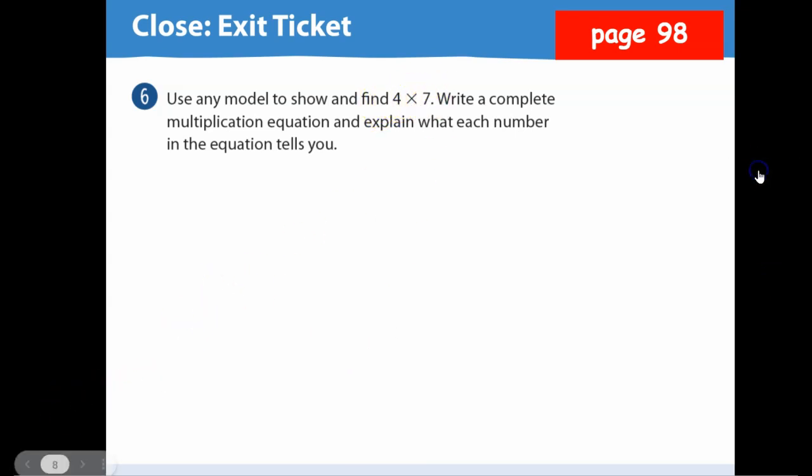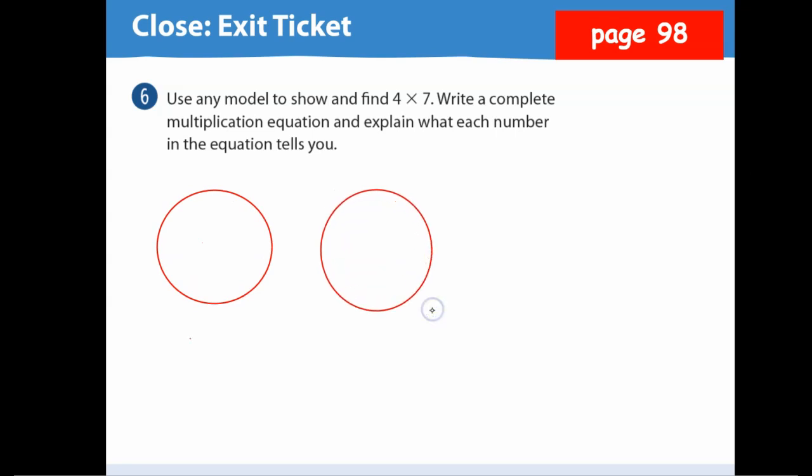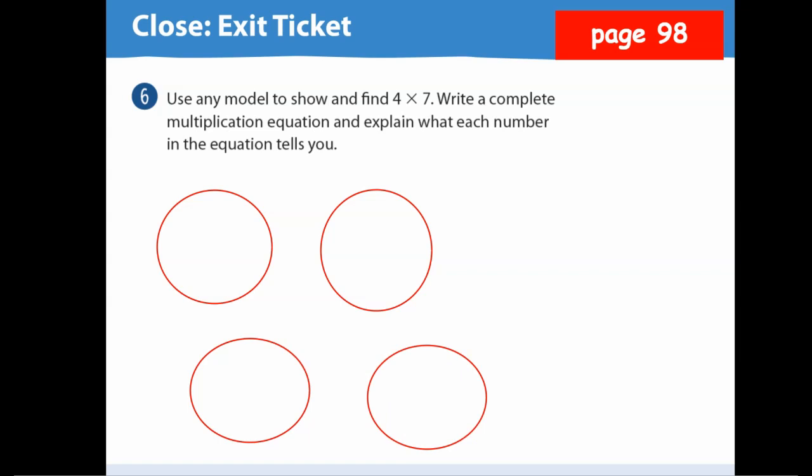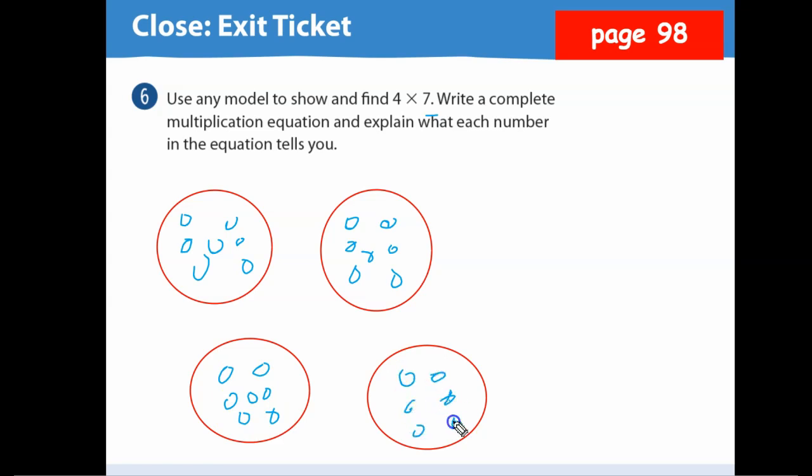Use that to find 4 times 7. Go. All right. So one of you guys actually used equal groups. You said that there were 4 of them. So 4 times 7, 4 equal groups with 7 in each group, right? 1, 2, 3, 4, 5, 6, 7, and so on for each group.